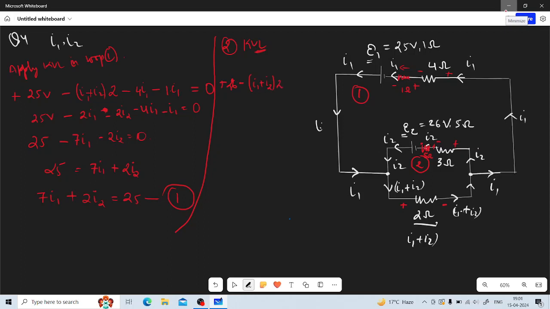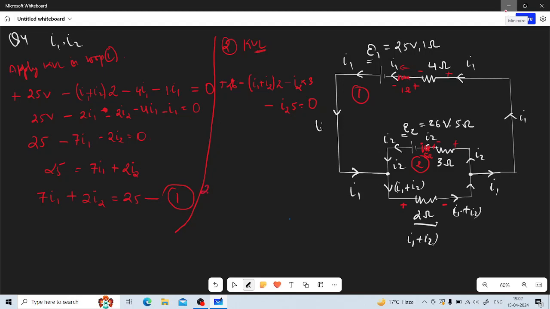Now we come here, plus to minus, current flowing is I2 into resistance is 3 ohm. Then come to the internal one, plus to minus, current is I2 and the resistance is 5 ohm, and equate that to 0 because we come to the initial position.